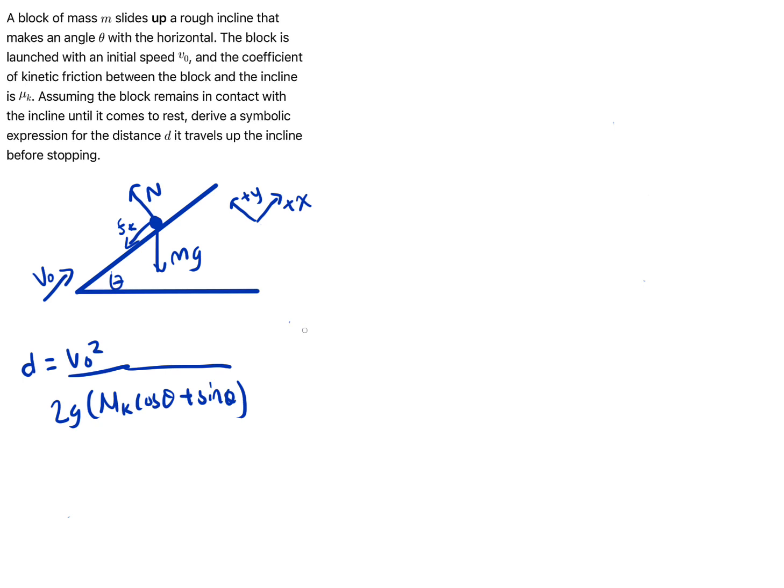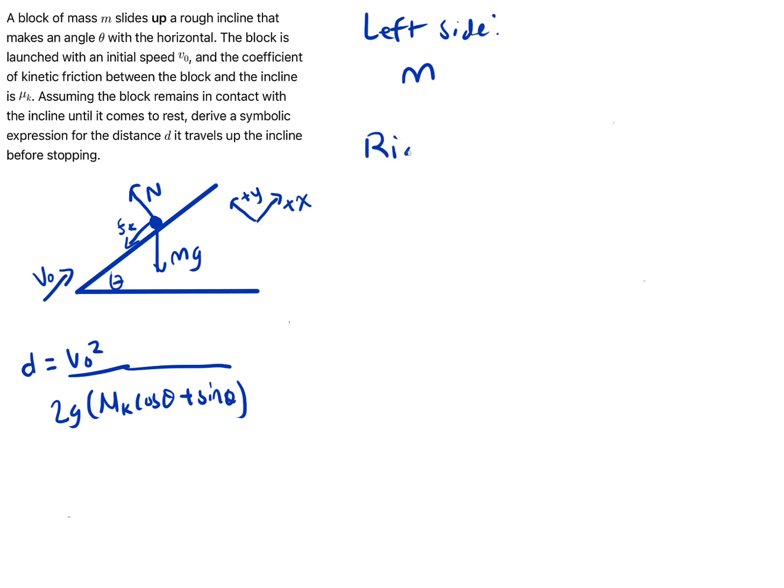Let's say that we're using meters in this case. So we want to check if the units of this side are equal to the units of this side. So the units of the left side are just meters, since it's a distance d.